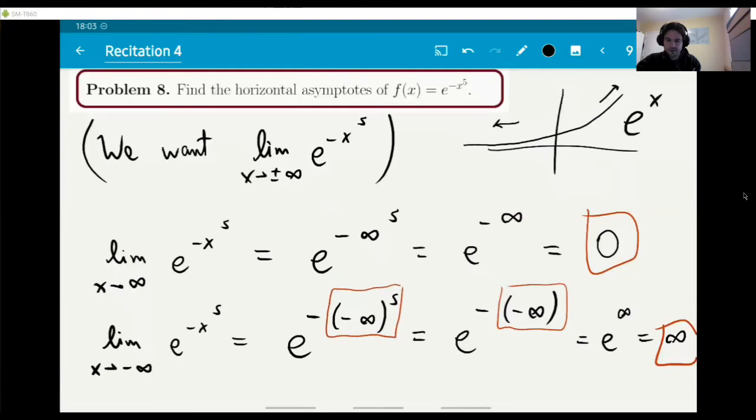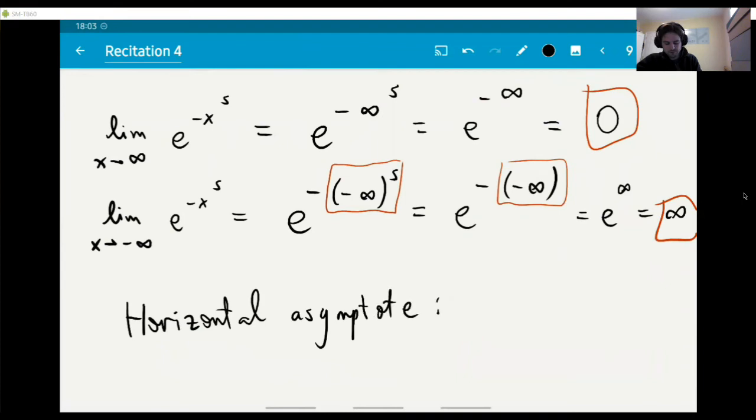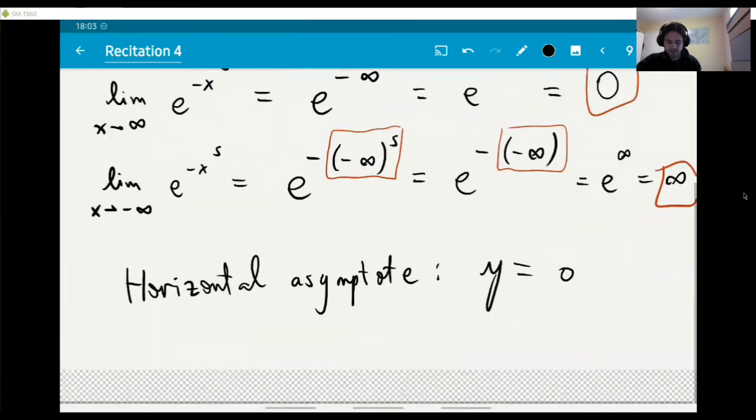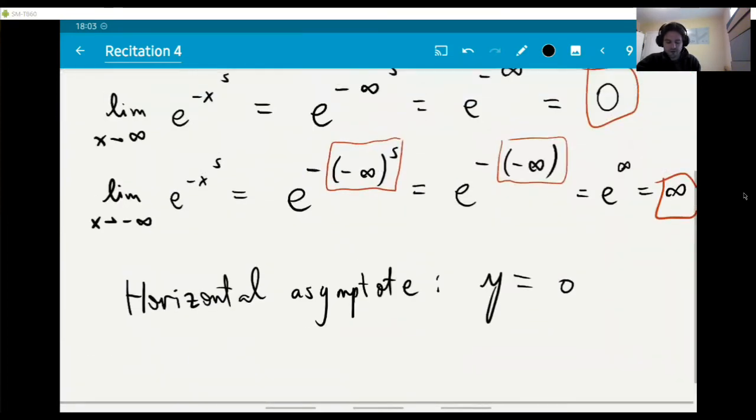The graph that I drew was for the function e to the x, not for our function f. Our function f has only one horizontal asymptote. Y equals 0, the only one for which there was an actual value for the limit. The actual, and it happened when x was going to plus infinity.